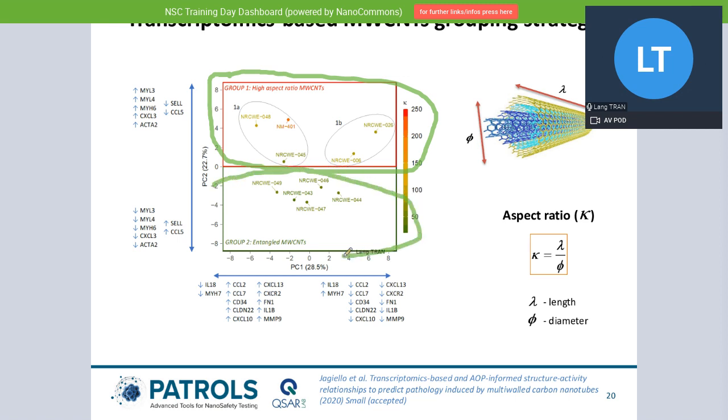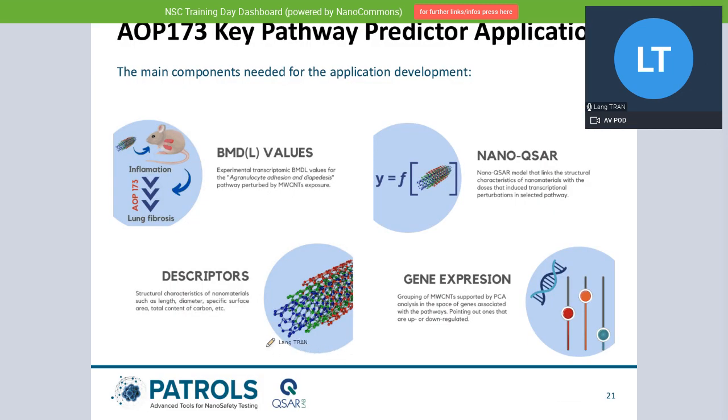And then you have the tangled ones, meaning the ones that twist and turn, with a lower aspect ratio, and they are totally separate from the other. And this is something that is very useful for classification and grouping and so on.